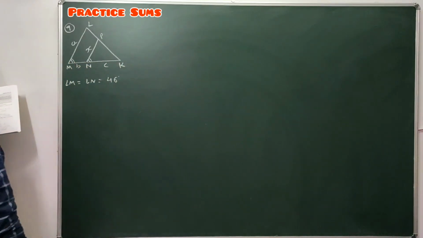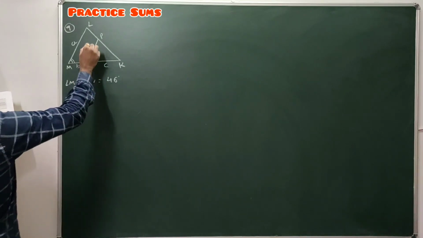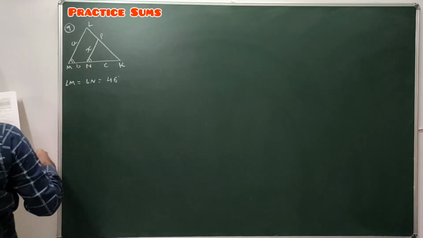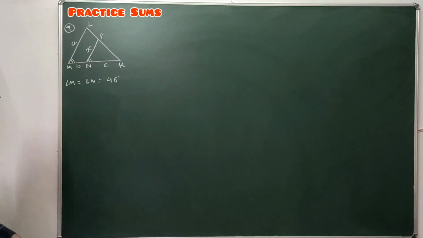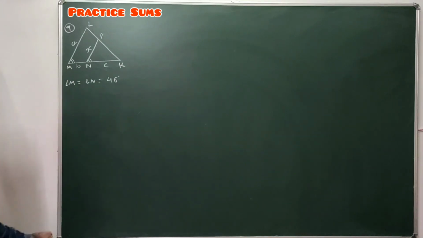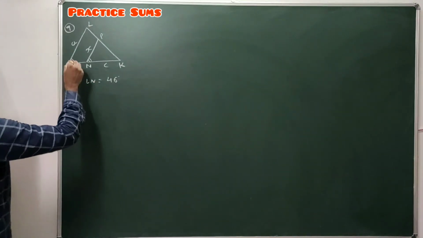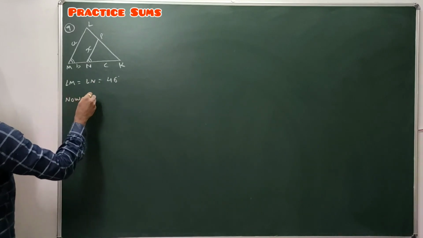So express x in terms of a, b and c, where a, b and c are the lengths of these given sides. Here two angles are equal, angle M equal to angle N. So here consider two triangles.